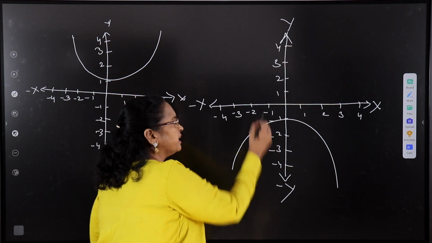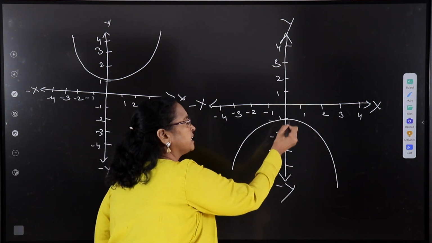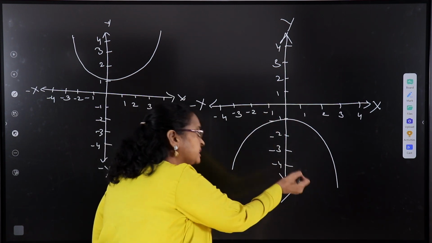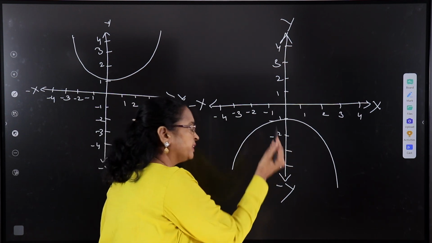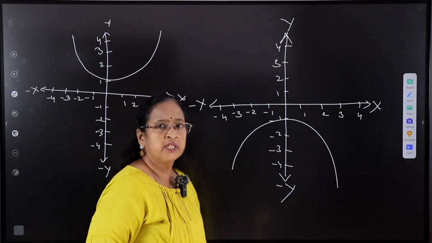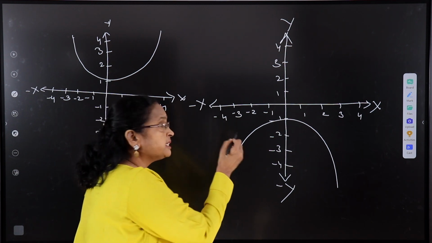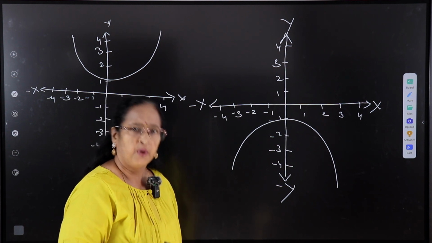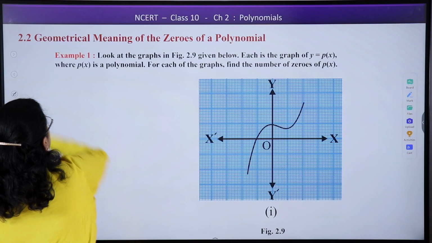Here also the graph is not touching the x-axis at all. So in this case also, there are no zeros of this polynomial. Unless the polynomial graph touches the x-axis, there will be no zeros of the polynomial.